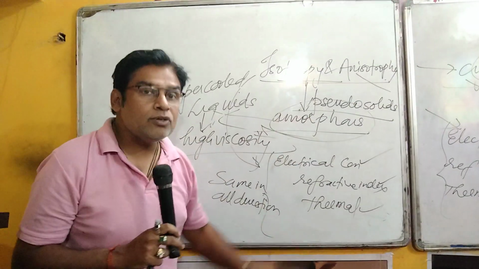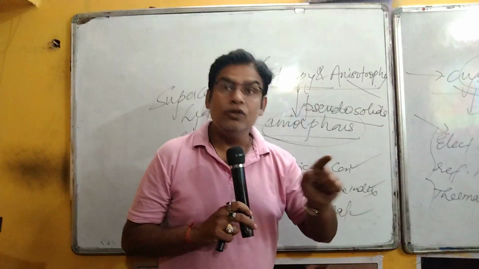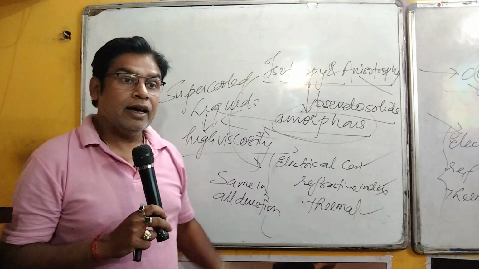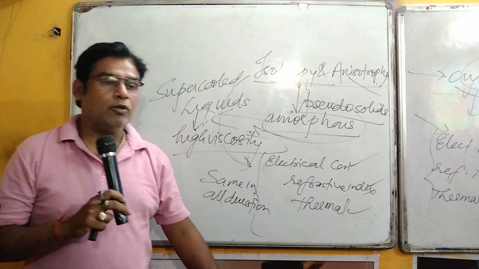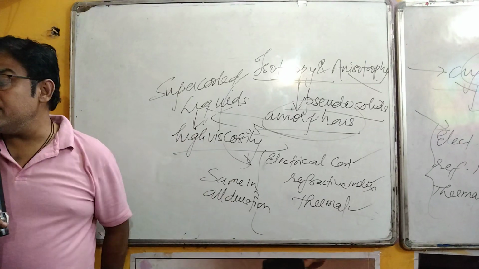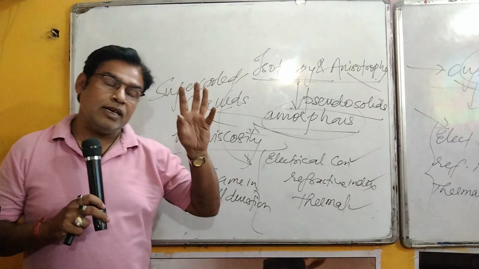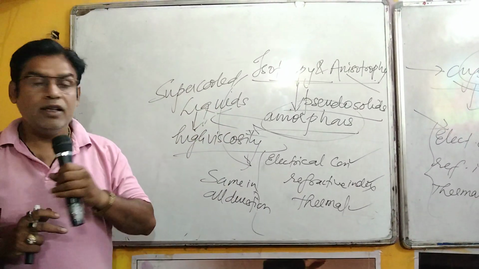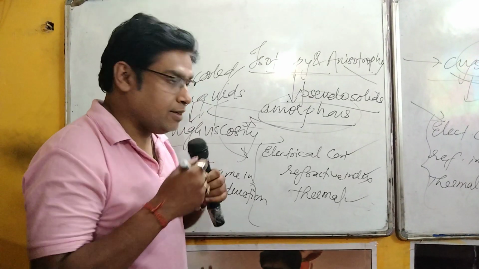So that small portion of an amorphous solid which is crystalline in nature, I repeat, the crystalline part of the amorphous solid, is commonly known as crystallites.